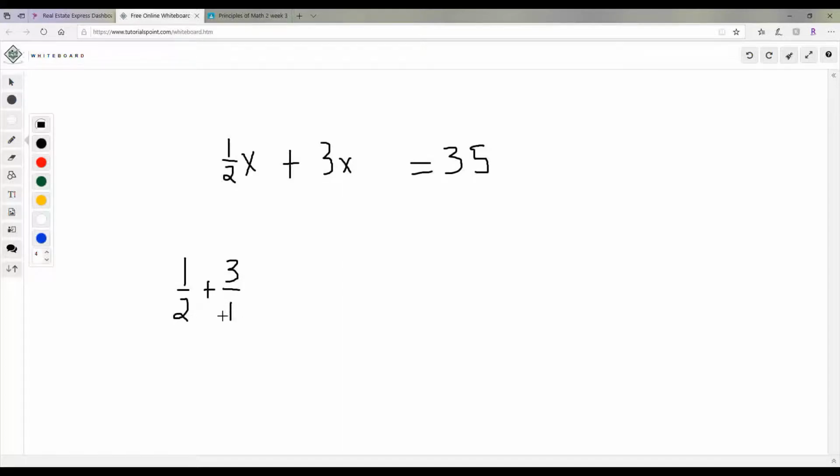But we've got to have common denominators, remember? So our common denominator would be 2. This one would stay the same. So half plus, and if we make this one 2 on the bottom, times 2 times 2, then this would be 6.